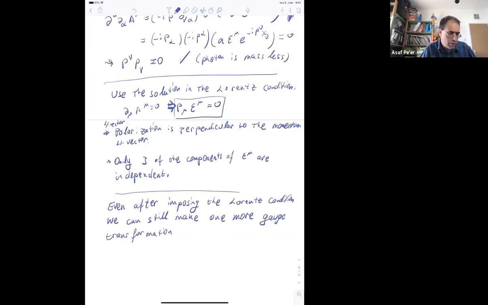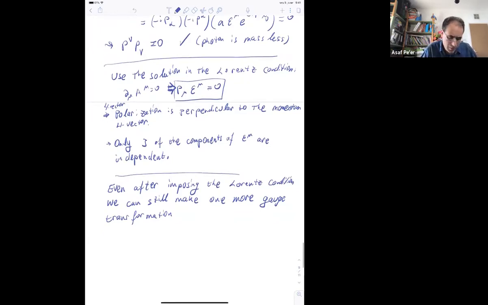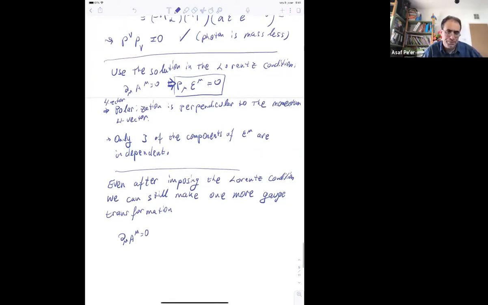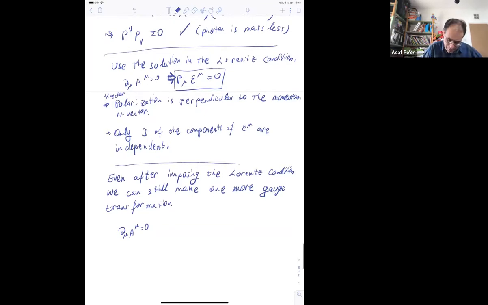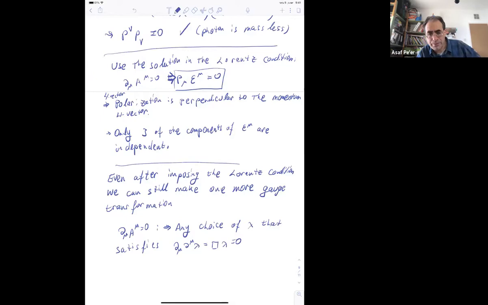So, remember the Lorentz gauge, ∂_μ A^μ equal to 0. Any choice of lambda that satisfies ∂_μ ∂^μ λ equal to 0, which is of course the Lambertian of lambda, automatically satisfies the Lorentz condition.